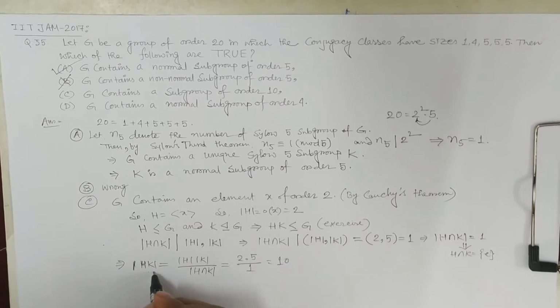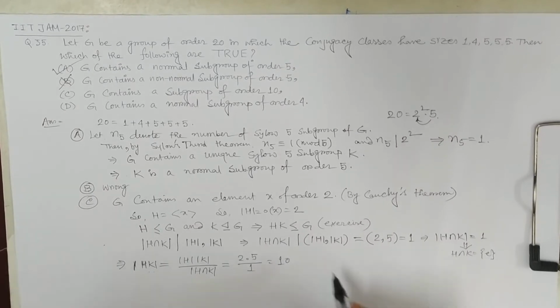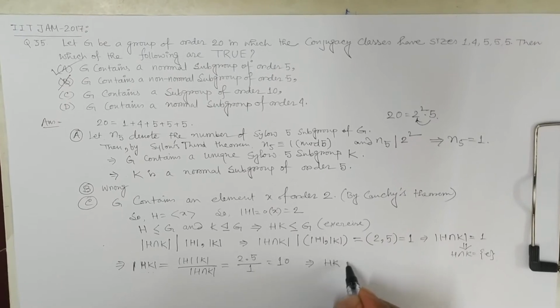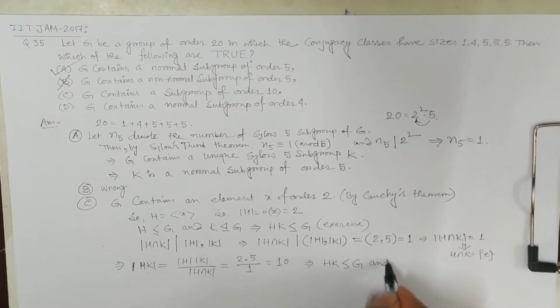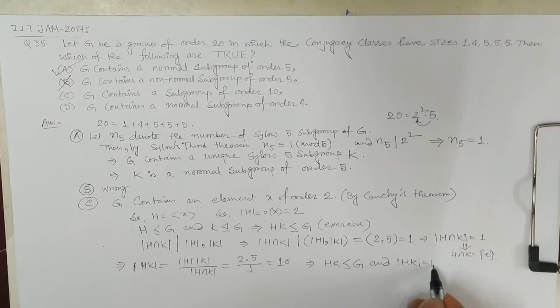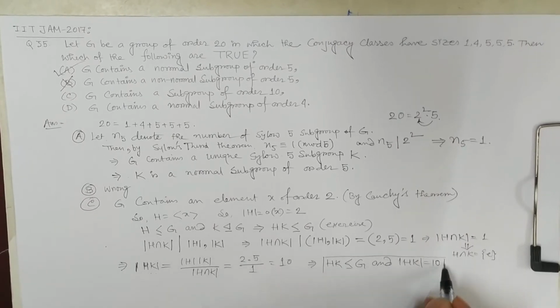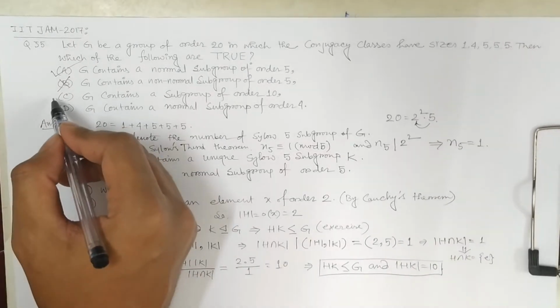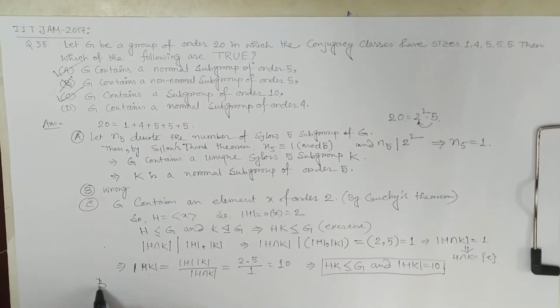So HK is a subgroup of G with cardinality 10. So this shows that option C is also correct. Now we come to option D.